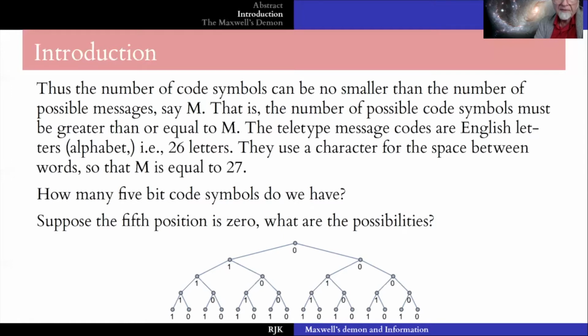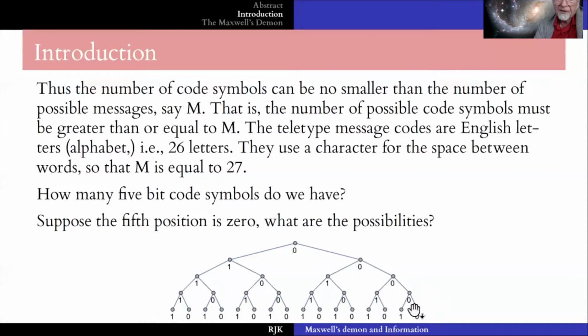Well, suppose the 5th position is 0. Then the 4th position could either be a 1 or a 0. The 3rd position could be a 1 or 0. The next could be a 1 or a 0. And so you just keep working your way down to the bottom, and, trust me, this is 16.